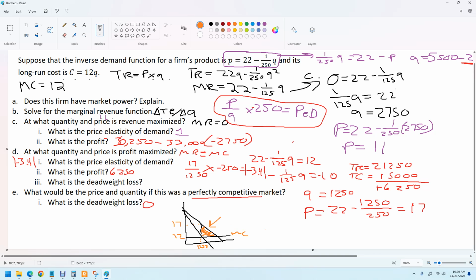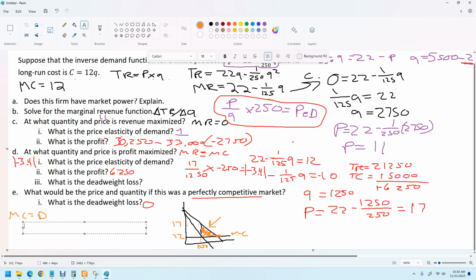So the only thing we don't know is where this marginal cost hits demand. So we just need to know where does that happen. Marginal cost equals demand. So you can just plug in a 12 into the inverse demand function and then solve for that. I'm going to type it because I seem to be having trouble with writing today.